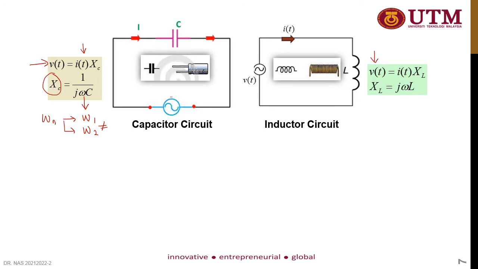In this case, XL is equal to j omega L, where L is the inductance, and omega n is the frequency at the respective harmonic number. If you have 3 harmonics, you need to consider omega 1, omega 2, and omega 3.